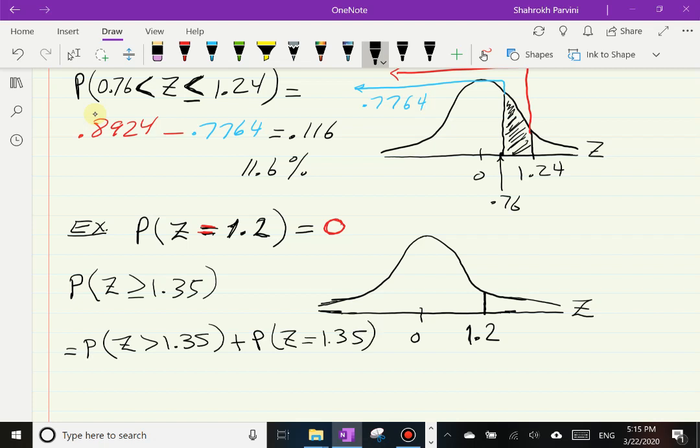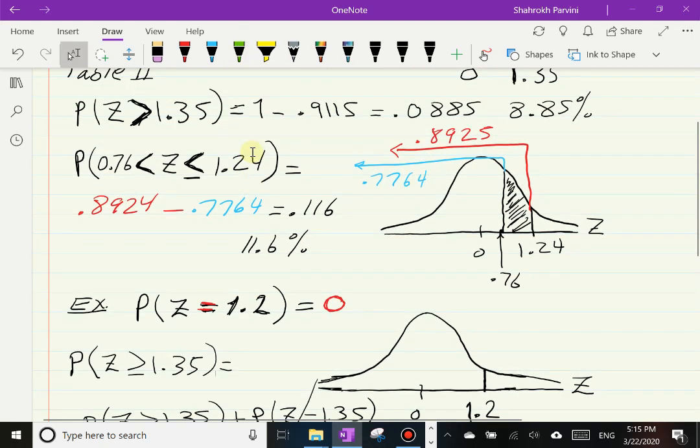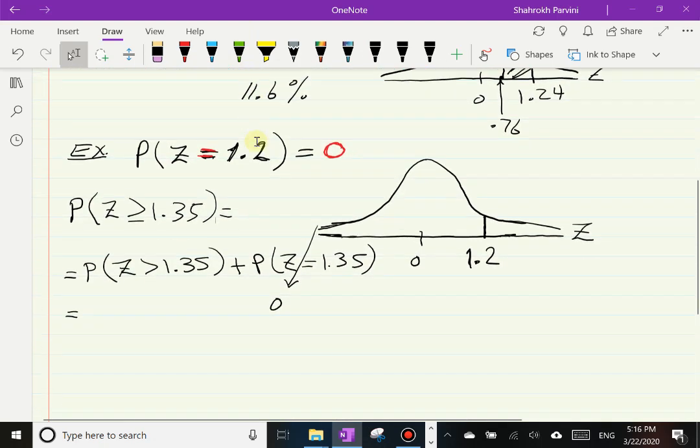Now, probability of exactly equal to for any number, any z-score, is going to be 0. So this part of it is 0. That probability is 0. So what this means is that probability of greater than or equal to is going to be exactly the same as probability of z greater than 1.35, and that was something that I found up here, 0.0885.